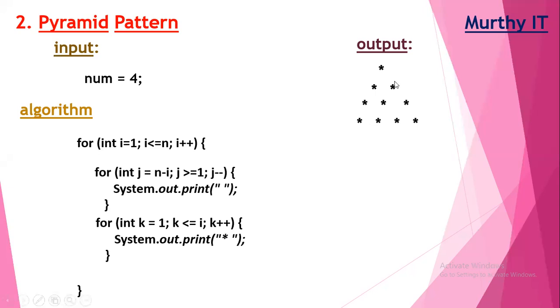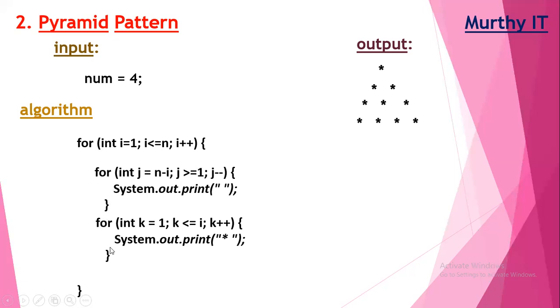Now how are the three spaces printed? j equal to n minus i, that is 3, j greater than or equal to 1, and I am writing decrement here. Whenever j is 3, the first space is printed. Then it becomes 2, second space. Whenever it is 1, third space. Then this for loop will be terminated.